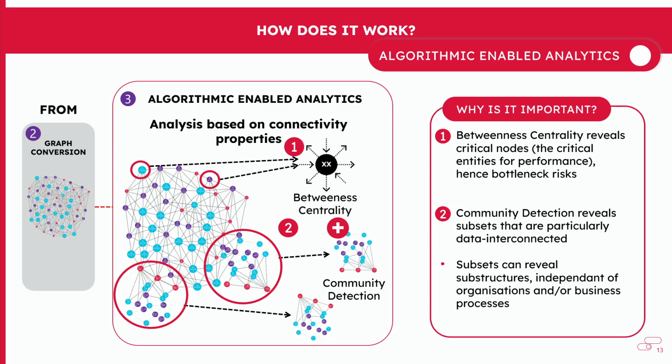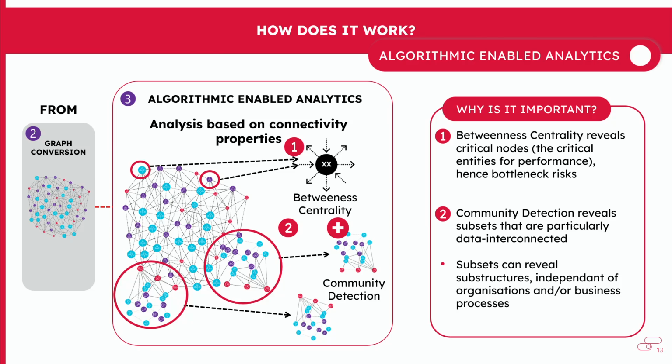This betweenness centrality, as I was saying, tends to reveal the critical nodes, the potential risks, the potential bottlenecks inside the information system. The community detection algorithm can reveal interconnected data substructures.